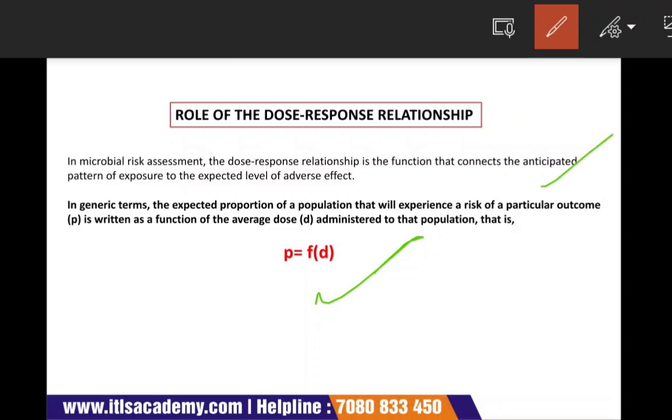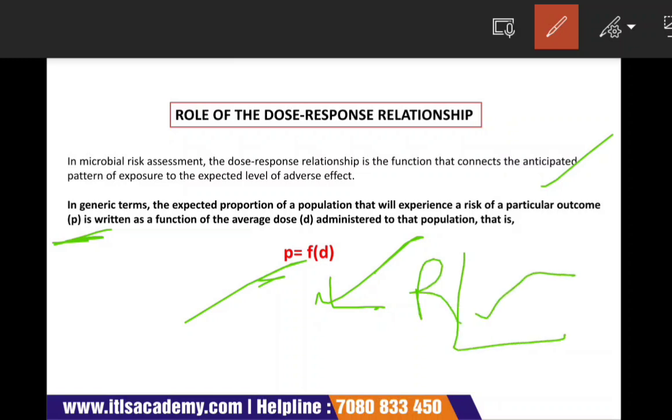It is written as P, which is equal to F(D), where D is the average dose that is administered to that population, and the graph looks like this. There are lots and lots of responses, there is a dose, and the curve looks somewhat like this.